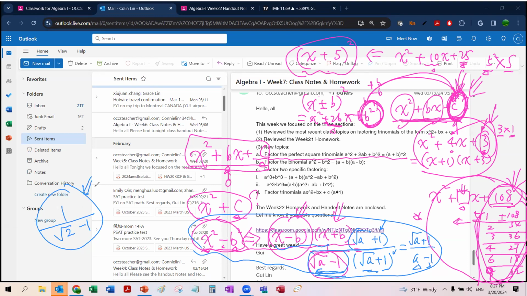Try to do this one. How to make this denominator part contain no square root? How to make it rationalized? Did you guys ever do how to make this part rationalized?